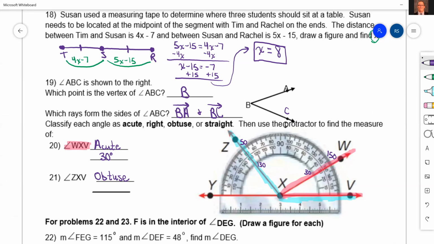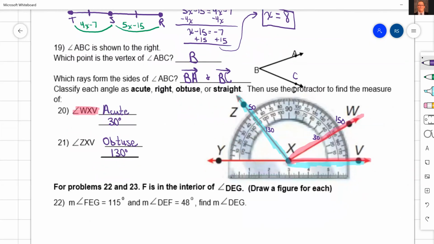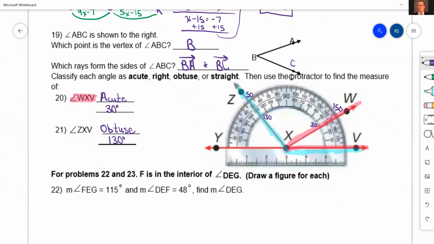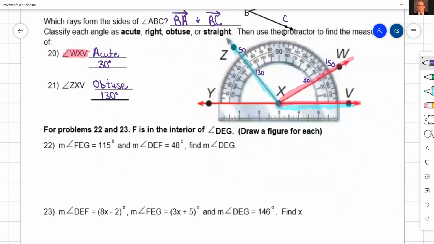The 130, because we're obtuse. That's 20 and 21.